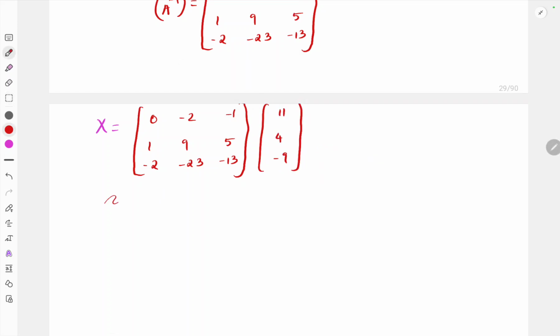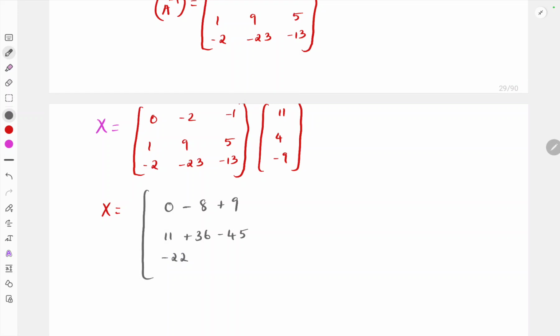Here, how to multiply the first row with the first column? 0 into anything is 0 only. Minus 8, minus 1 into minus 9, so it will be plus 9. Here it will be 1 into 11, 11 plus 36, so minus 45, so minus 22.